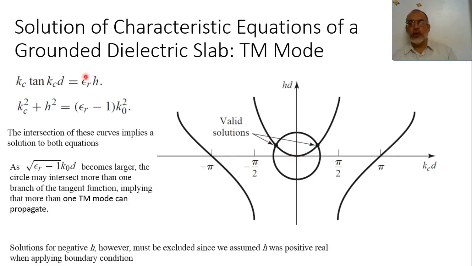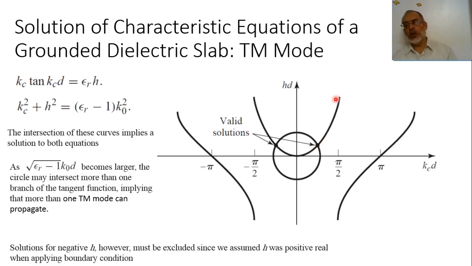So I'm saying y equals x tan x. I'm at a certain value of x, which is Kcd. From this value of x, I obtain the value of tan x and multiply it by x to determine the value of y, which is Hd.